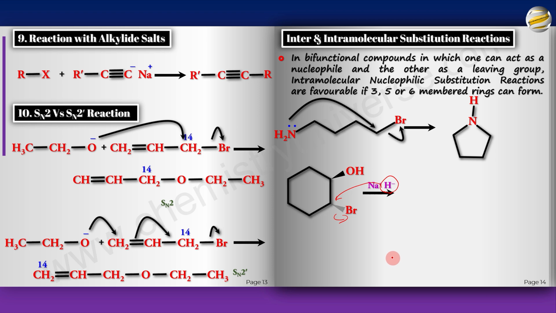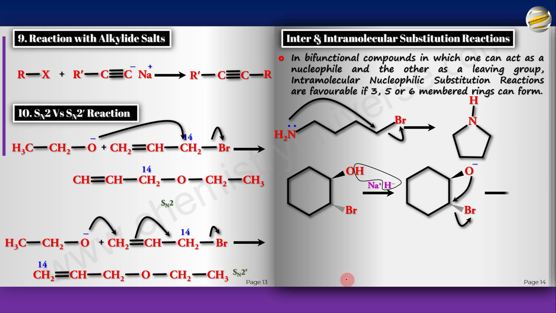Well remember, whenever there is an acidic H and you use a strong base, it will always take the acidic H no matter what. So what happens is you will first get O minus. This O minus being on top and Br at the bottom, it will show SN2 and you will get a 3-membered cyclic ether called epoxide.